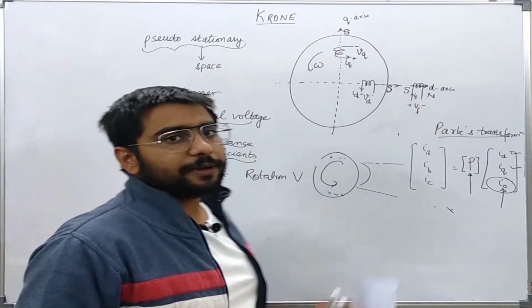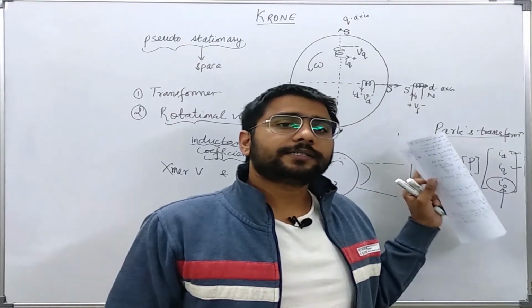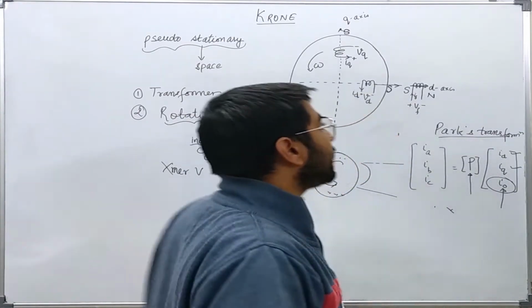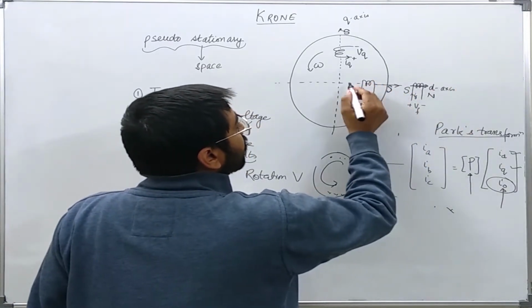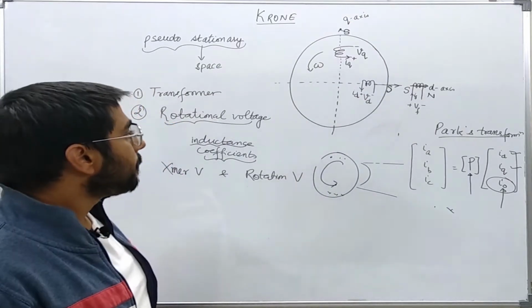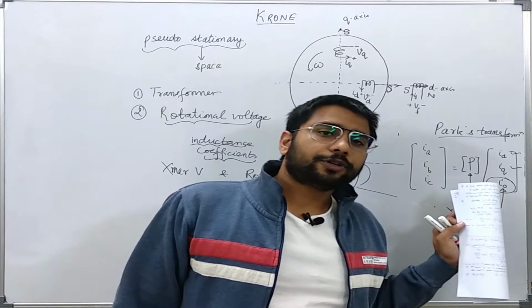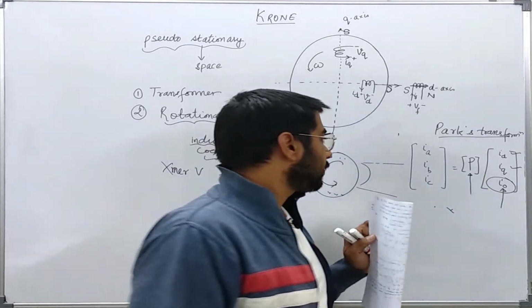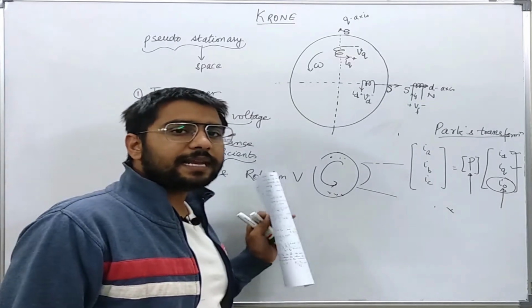If there had been damper windings, they could also be shown on the D axis and the Q axis, but to reduce the complexity I have not shown the damper windings here. Now let us write the voltage equations; that we will do in the next slide.